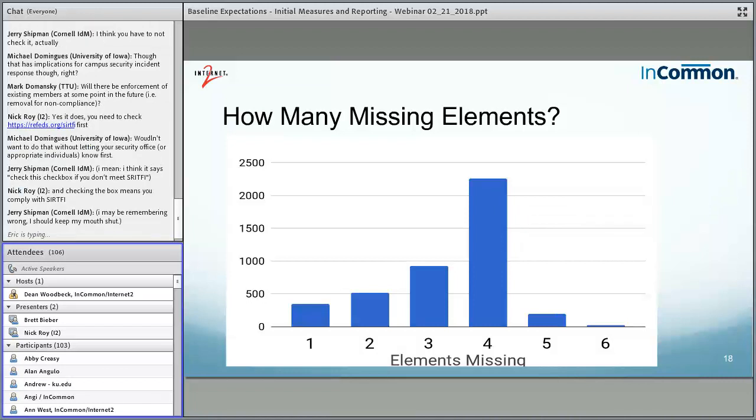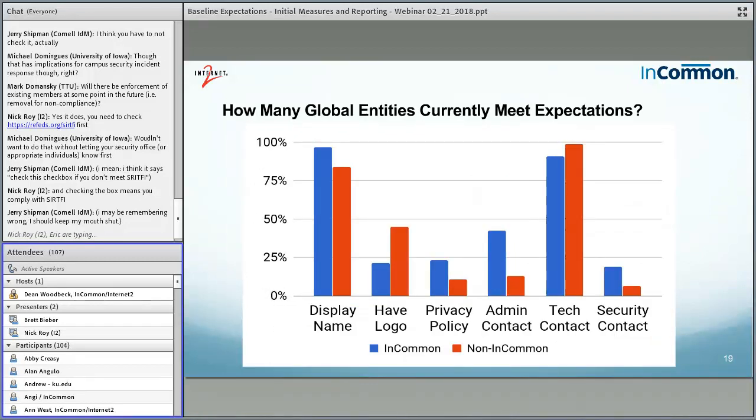So there's a sample of all of the data that we've got. One other lens that I wanted to show you, which I think is interesting as well: since this is just a simple check of the metadata, we can also look at the data in eduGAIN, the global federation. In this chart, we have InCommon registered entities and non-InCommon entities side by side. As you can see, we have a significant advantage in the privacy policy, admin contact, and security contact areas.